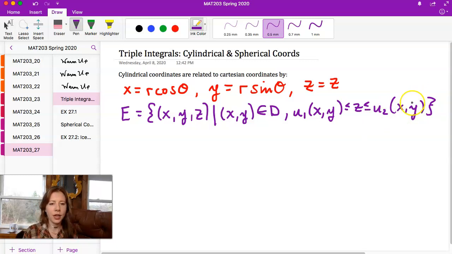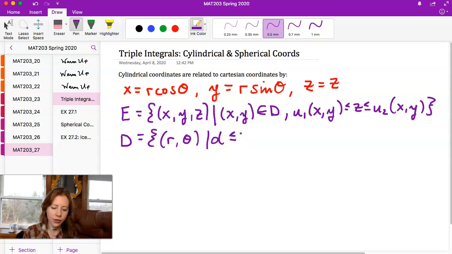So then if we were going to write this for cylindrical coordinates, let's say then D is equal to a function of r and theta, similar to polar coordinates, such that d is less than or equal to theta. This isn't a d, this is an alpha.